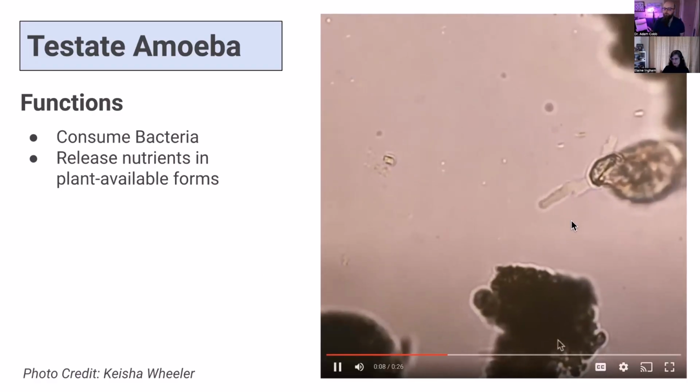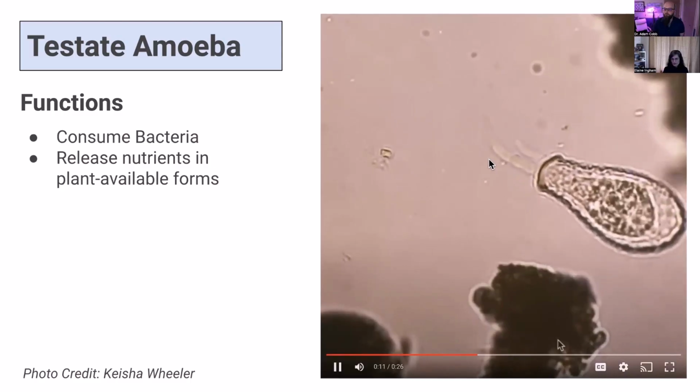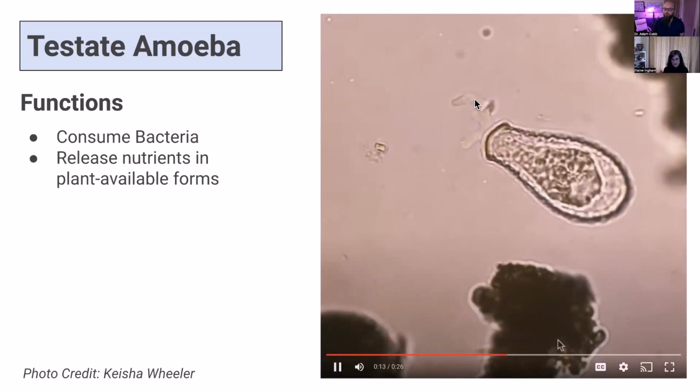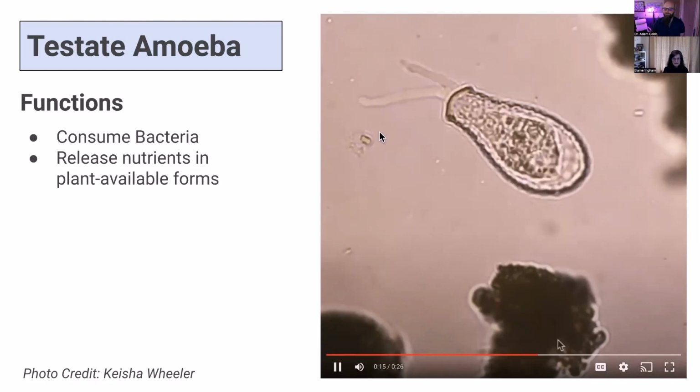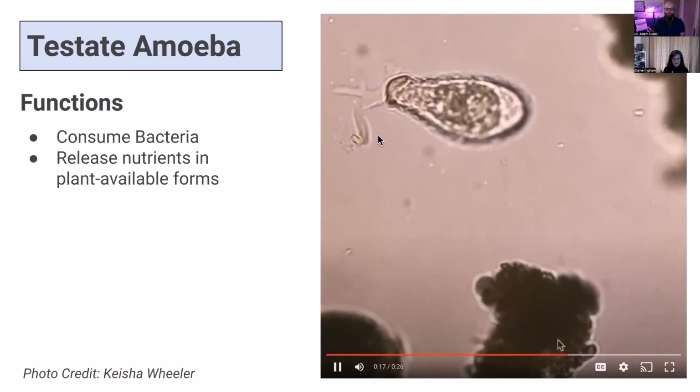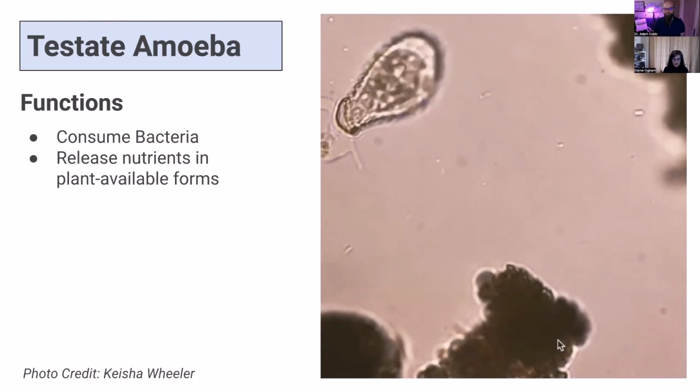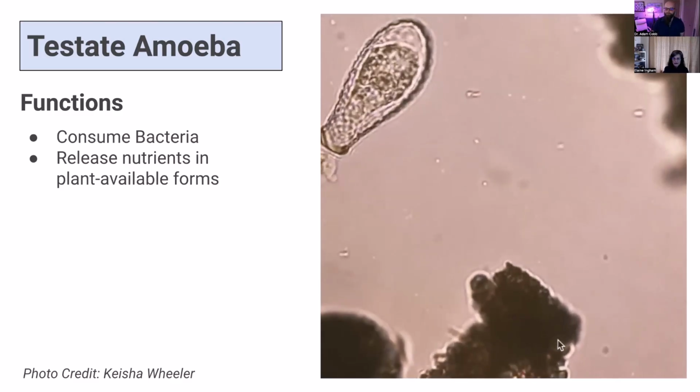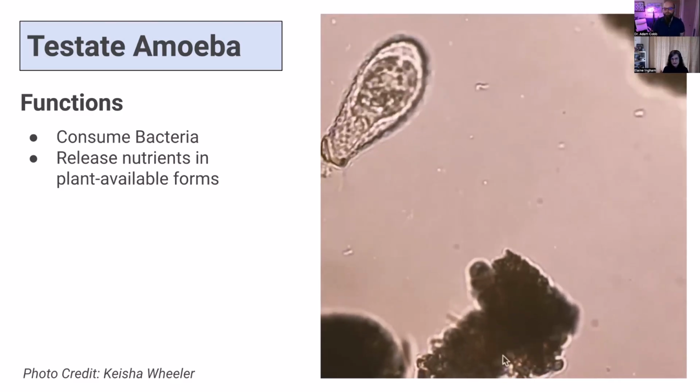Okay, so we can see those pseudopods coming out searching for the bacteria, and if they come in contact with a bacterium, they're going to engulf it. They're going to come completely around and engulf it into their bodies.